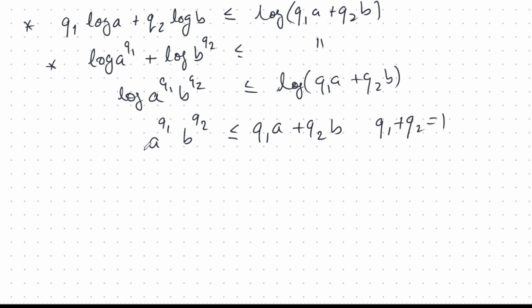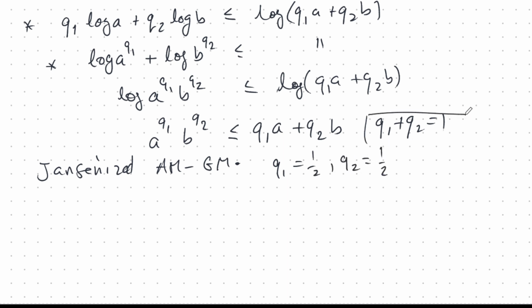This is the generalized, or Jensenized, MGM. Because if I choose q1 is 1/2 and q2 is 1/2, well, they add up to 1, so that's a legal choice.